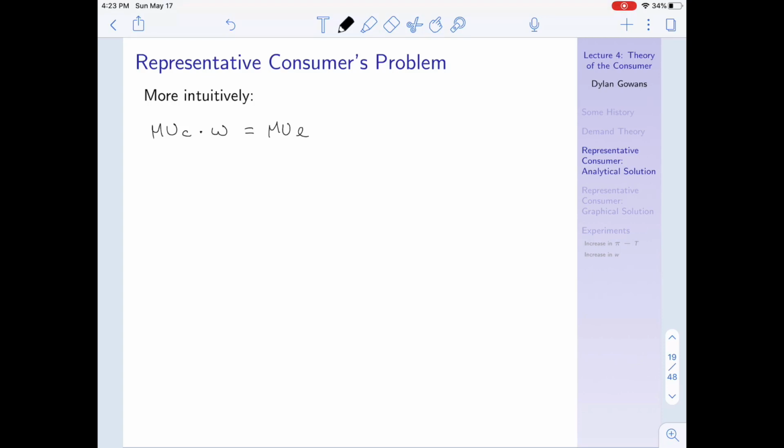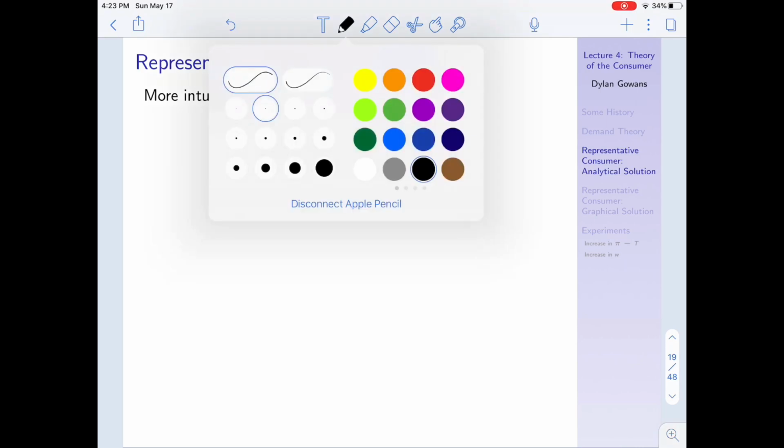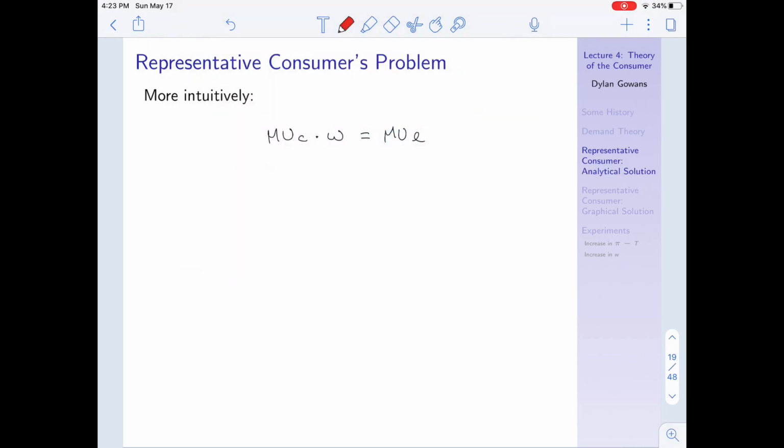So why is this more intuitive? Let's think about exactly what each side of this equation says. The right-hand side is the marginal utility of leisure. So this is the utility from working one less hour, and then using that hour for leisure activity.